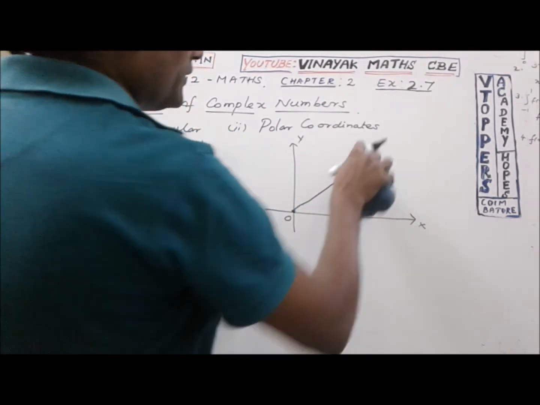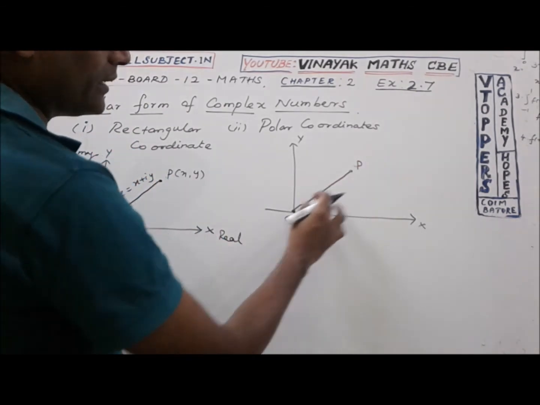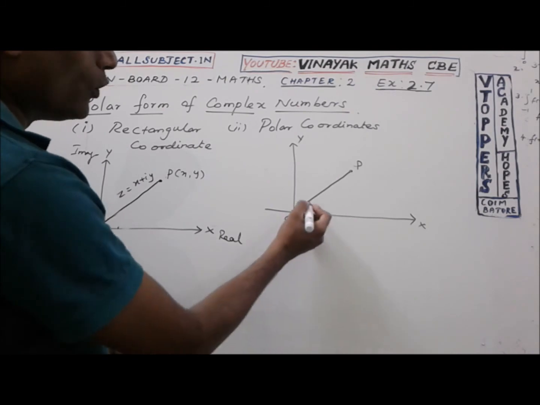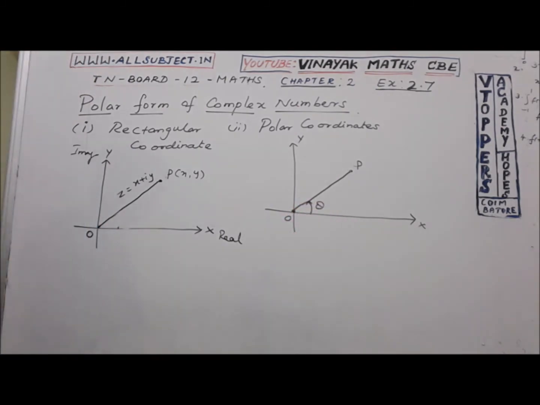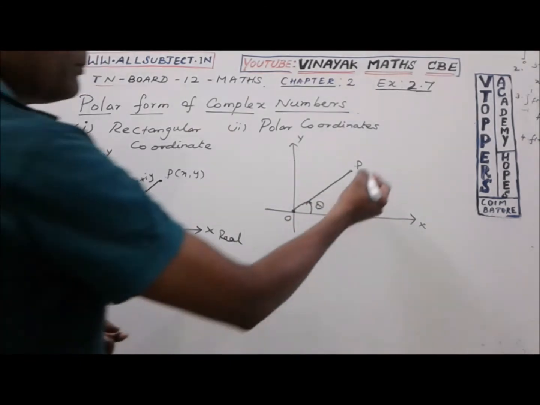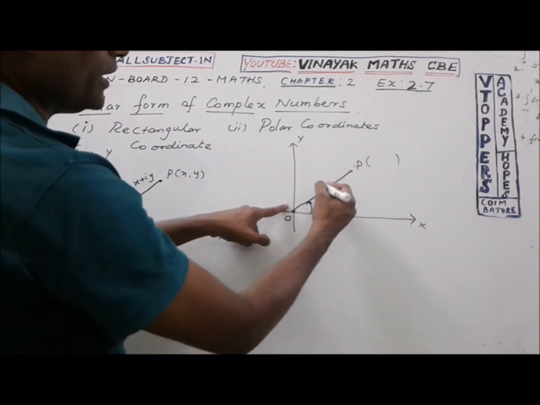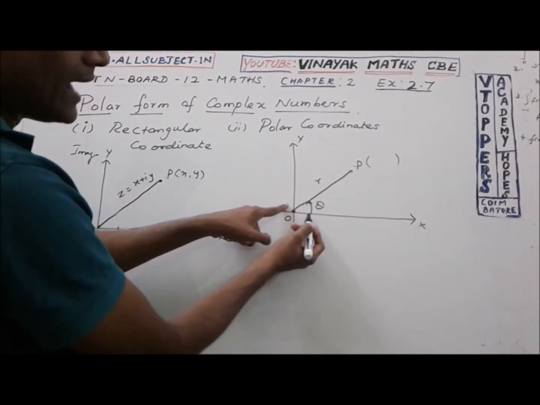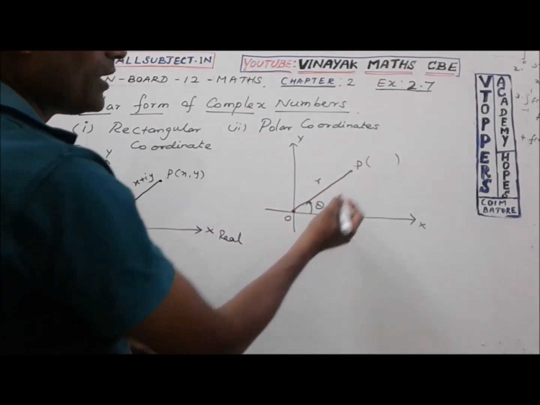Now the complex number is taken as P. OP maintains some distance and makes some angle with the positive direction of the x-axis. These two are considered, and the point is plotted with the distance from the origin to P as r, and the angle made with the positive direction of the x-axis as theta.